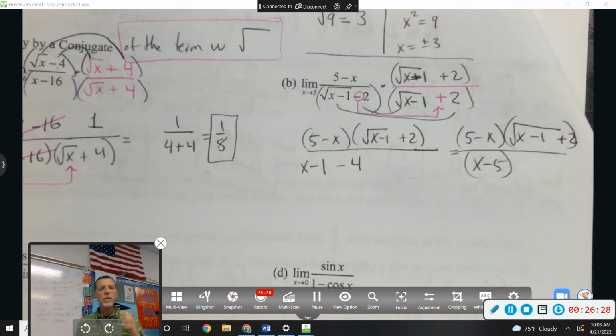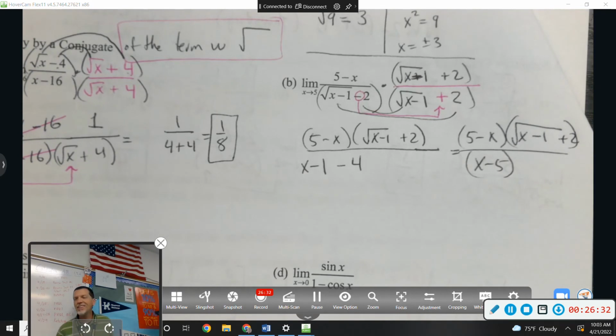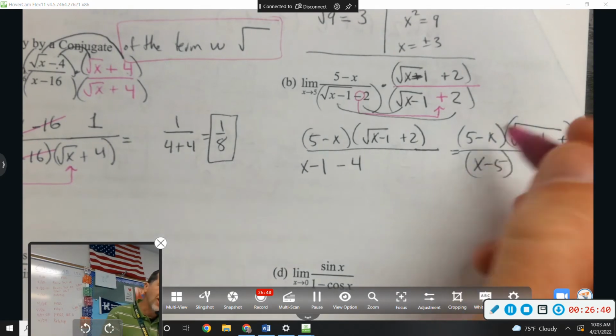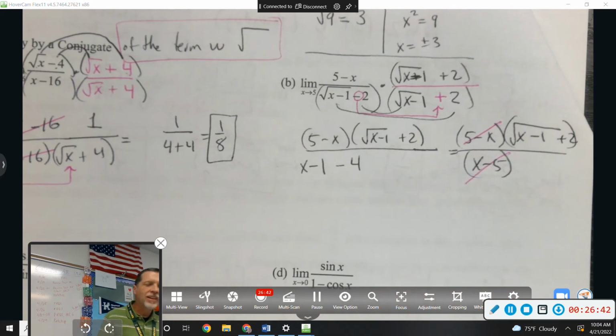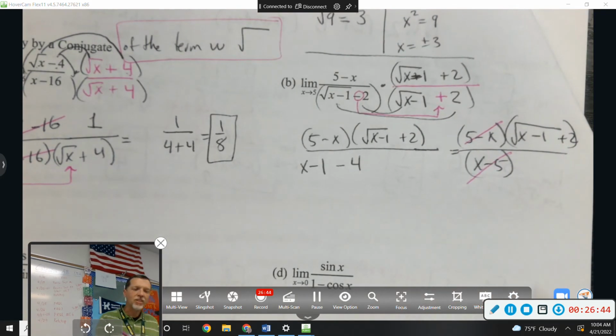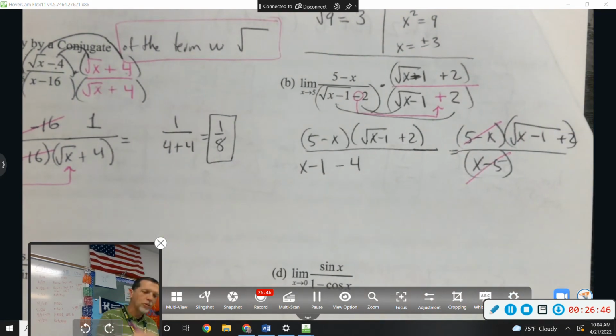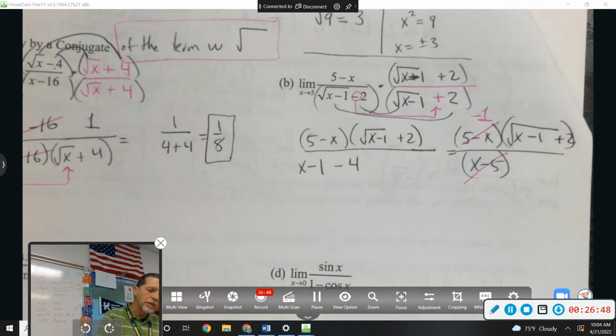Will that cancel something in the top? Yes, you can do that. Yeah, well, I'd rather you say sort of. If you cancel it, I'm fine with that, but what does it cancel to? Maybe that's the question to ask. Negative 1. It doesn't just cancel. It's a subtraction in the order switch, so I need to put a negative 1 up there.